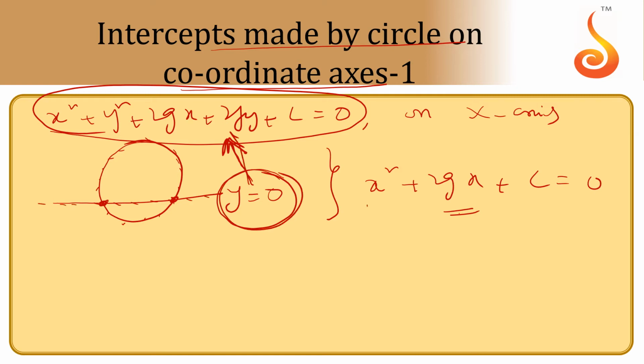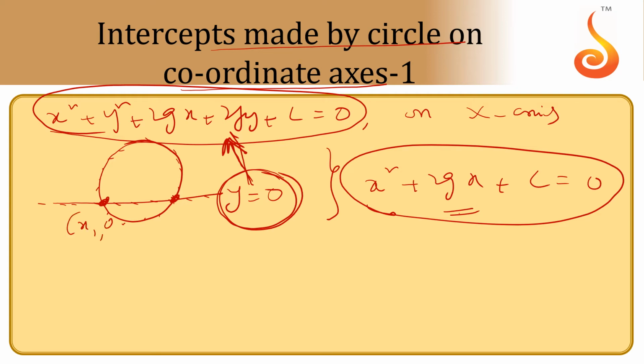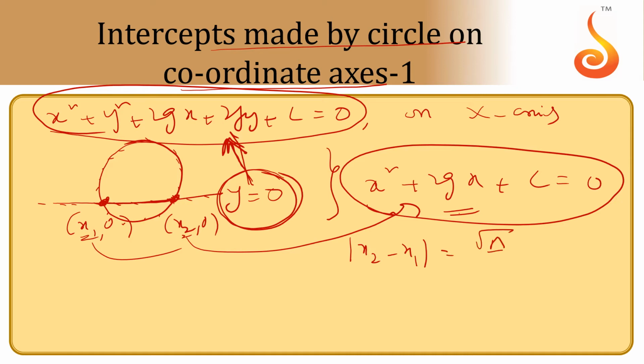Then by inserting this, whatever we get tells you the common points. So as it is the x-axis, let them be x1 comma 0, x2 comma 0. So x1 and x2 will be the roots of this quadratic. And I told you the length intercepted you can calculate by the difference between the roots, root delta by mod A. So here, what is root delta?